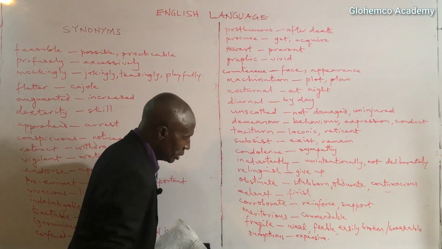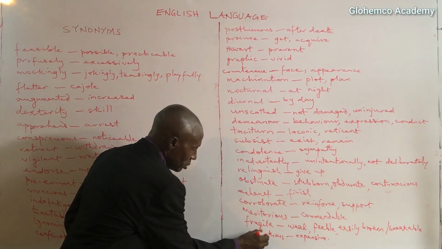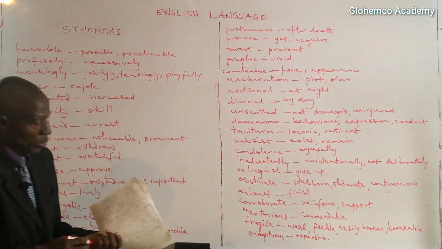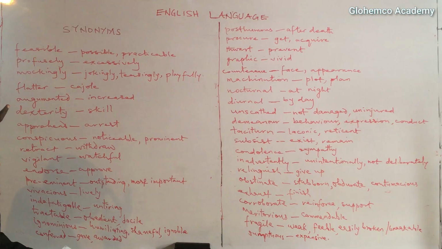We have sumptuous. Look at it. S-U-M-P-T-U-O-U-S. Sumptuous means expensive. There is that story in the Bible: a rich man who fared sumptuously. Don't forget there was another man who was abjectly poor, by name Lazarus.